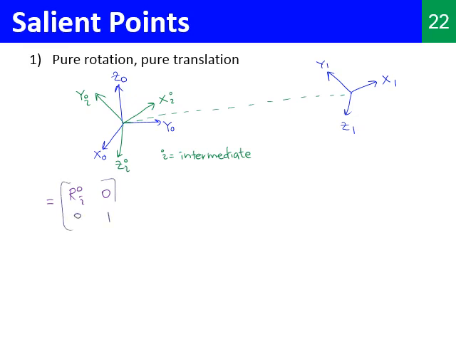Which is followed by a pure translation, so there won't be any change of orientation, so the rotation matrix would be I, and the translation would be I1, 0 1. Now here you can see we have used post multiplication, where the pure translation happens with respect to the current frame or the frame I.